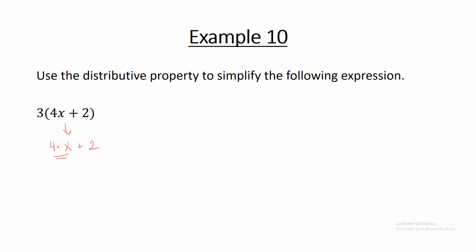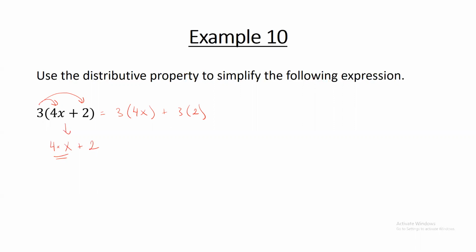However, if I use the distributive property, it lets me bypass this a little bit and lets me just say, forget about what's going on inside the parentheses. I can just multiply 3 into each term. 3 times 4x plus 3 times 2.